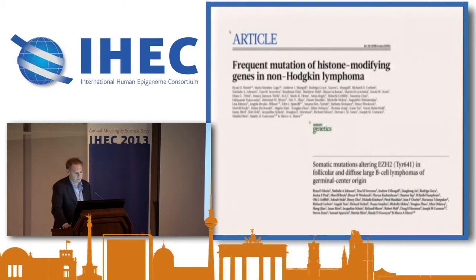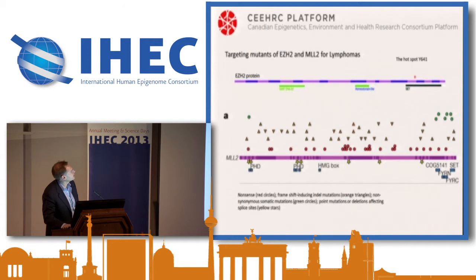We published a couple of papers in lymphoma, identifying MLL2 as a very recurrently mutated protein in that disease, and EZH2 as an epigenetic modifier that has a gain-of-function allele that's very common in this disease. We can see this when we look at these genomes.